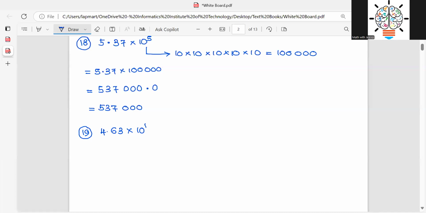Okay, so 10 to the power of 1 means it is 10, right? So then I can rewrite this as 4.63 multiplied by 10, then the answer will be 46.3. This is how you want to get the answer.